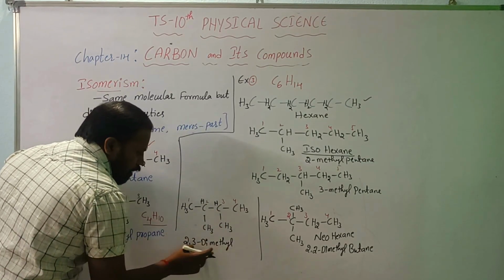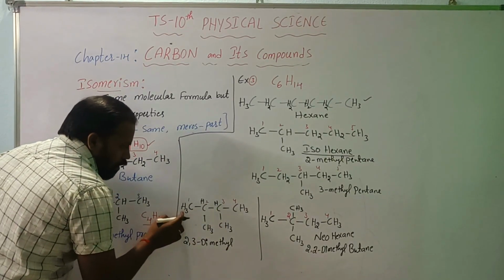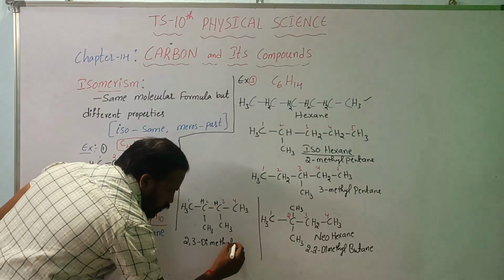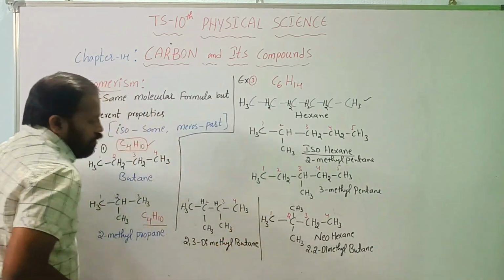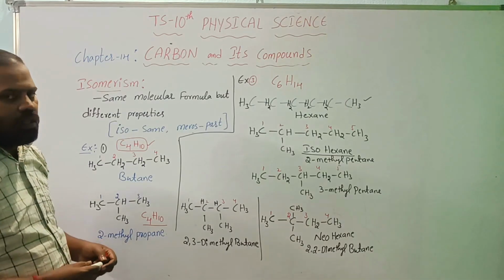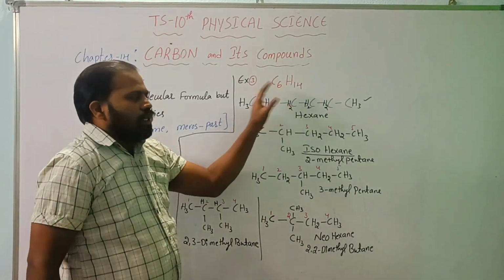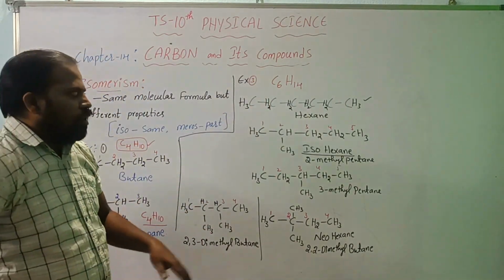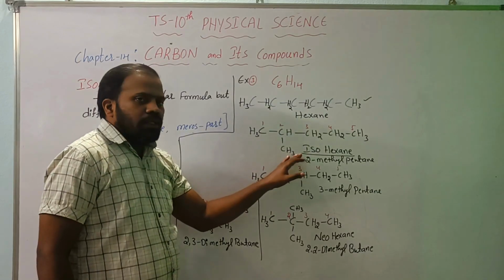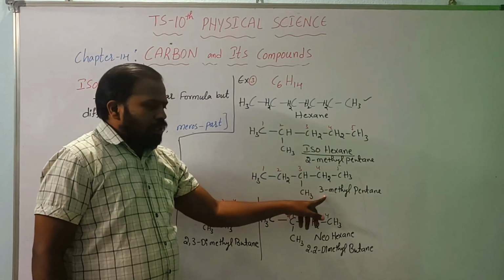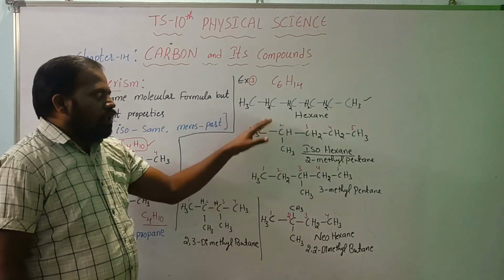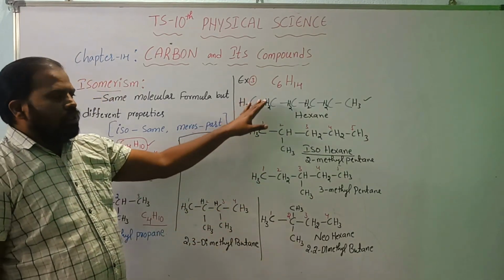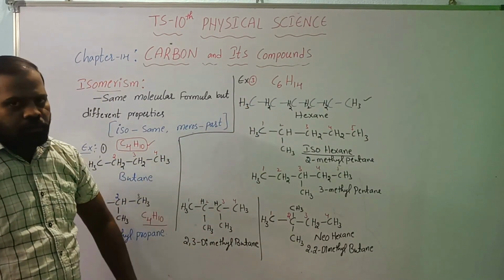The longest chain is 4, so but-, all single bonds: -ane. So 2,3-dimethylbutane. For C6H14, the possible isomers are hexane, isohexane, neohexane, 3-methylpentane, and 2,3-dimethylbutane.